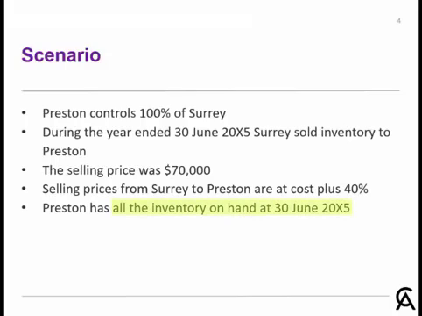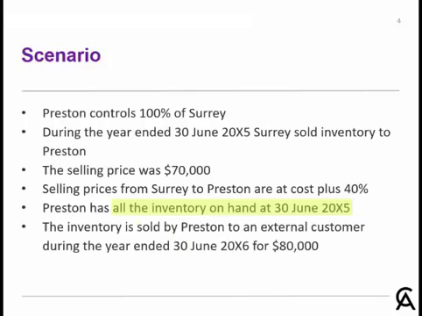Preston has all the inventory still on hand when we're doing the consolidated financial statements at 30 June 20X5. And in the following year, X6, the inventory is sold by Preston to an external customer for $80,000. The tax rate is 30%.